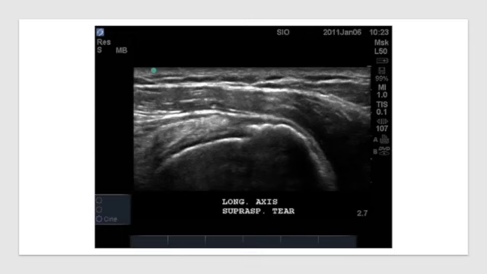Take a look at this. This is a supraspinatus tear. What I want you to do is pause the slide and try to identify where that tear is. Try to find a normal supraspinatus tendon via ultrasound on, say, Google or Medscape or another program, and really try to identify where that tear is.